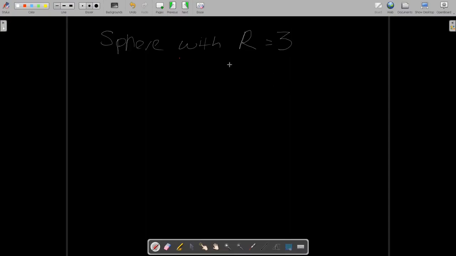So the equation for the sphere is simply x squared plus y squared plus z squared equals the radius squared. Now, there are different ways to find the normal vector of the surface of this function. I just want to show you an approach that is quite easy to understand.